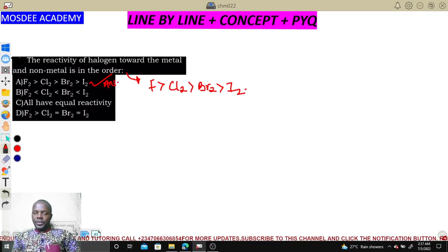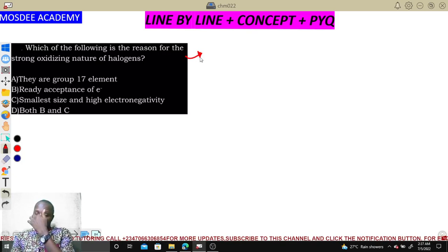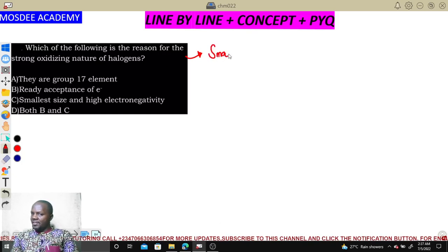Note that. The next one: which of the following is the reason for the strong oxidizing nature of halogens? They are strong oxidizing agents because, one, they have small size, which I've explained before, and they are highly electronegative.